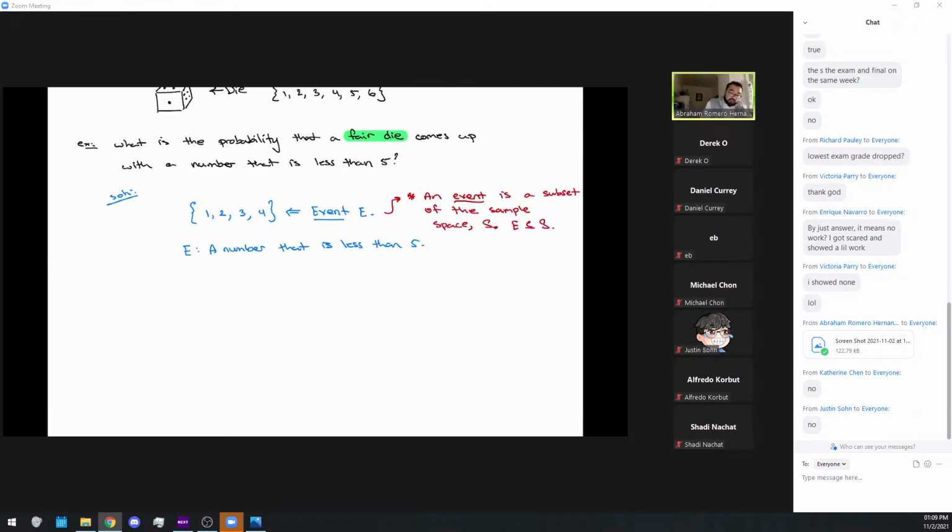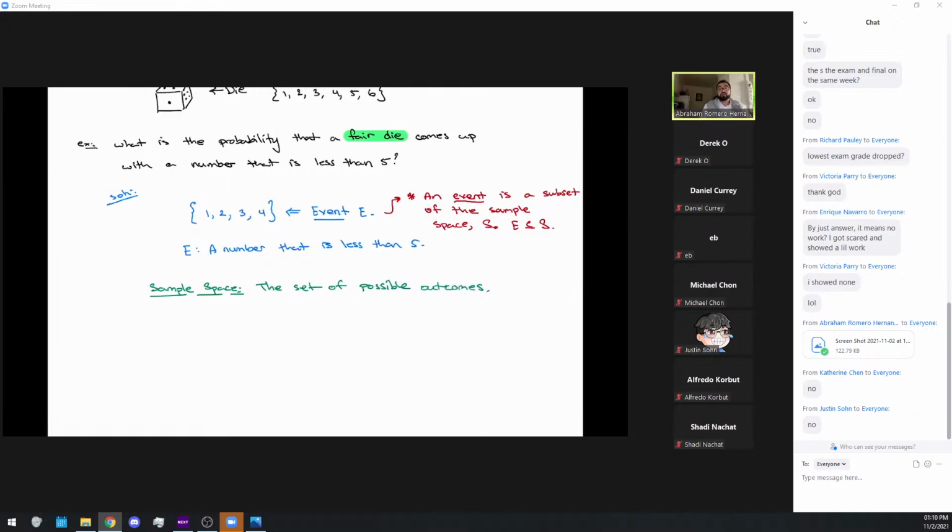Okay, now, what's a sample space, if you don't know what a sample space is? Well, here's a sample space. A sample space is the set of possible outcomes.